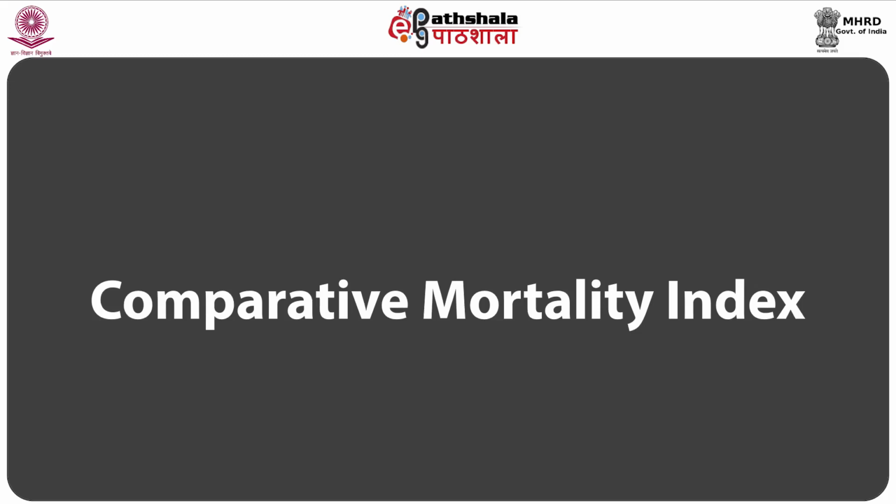The comparative mortality index is arrived at through a method of direct standardization, which is a simple and preferred method to arrive at age-adjusted death rates, and it depends heavily on the standard population, such that it would change if the standard population were to change.